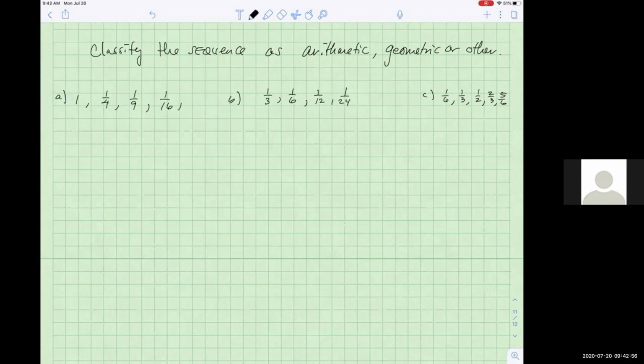And I should have comma, dot, dot, dot after each one of these. Oops. Let me write that one again so it's clear. C, 1/6, 1/3, 1/2, 2/3, 5/6, dot, dot, dot.